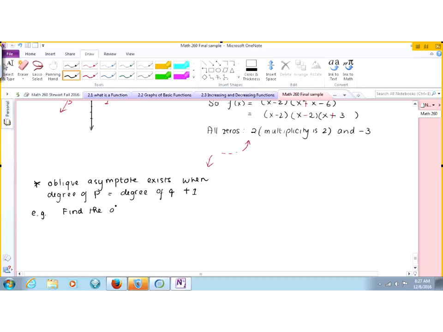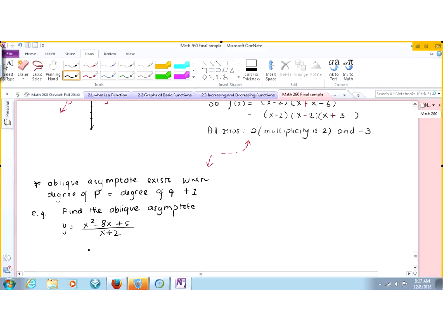For example, find the oblique asymptote. So y is equal to x squared minus 8x plus 5 divided by x plus 2. How do we find the oblique asymptote? Yes, you can use long division. Well, actually here, can we use synthetic? Yes.